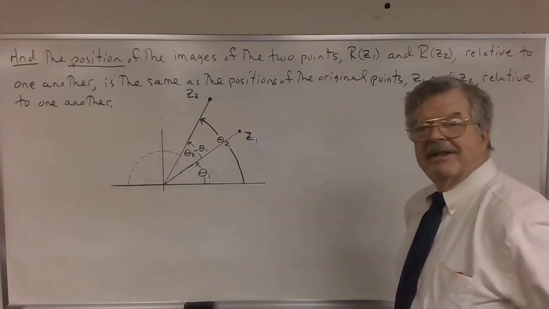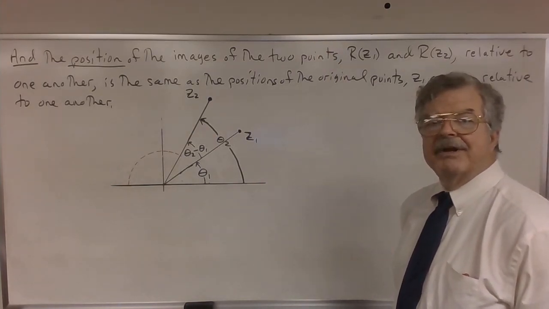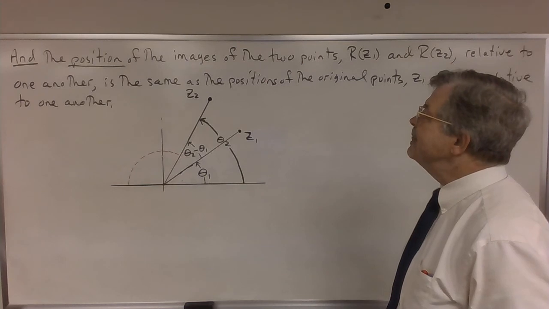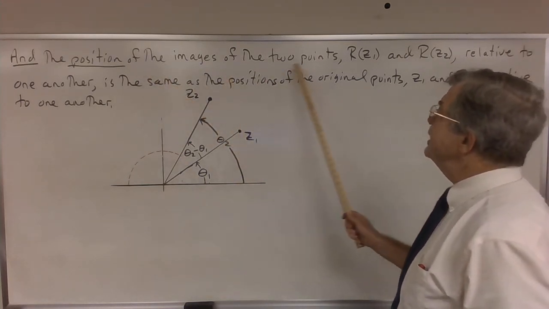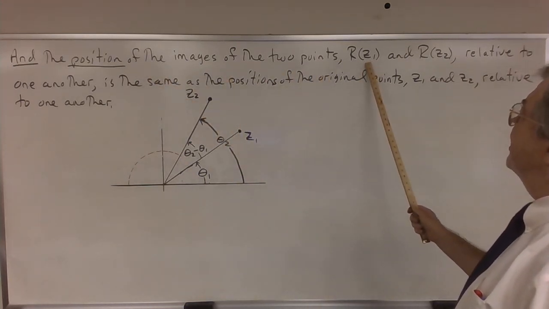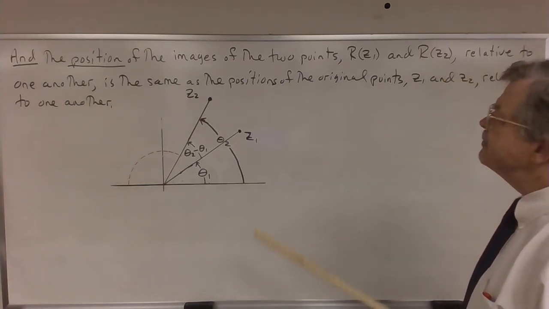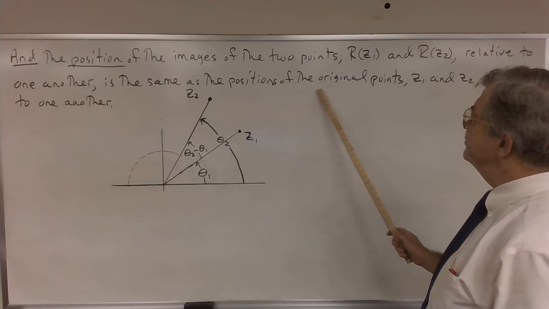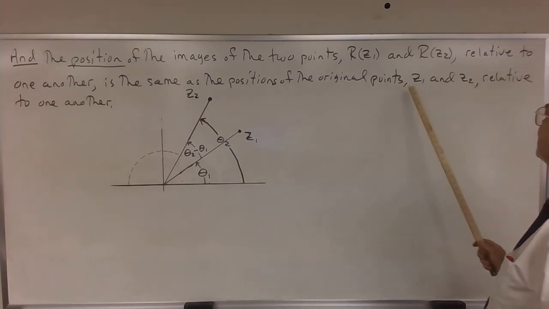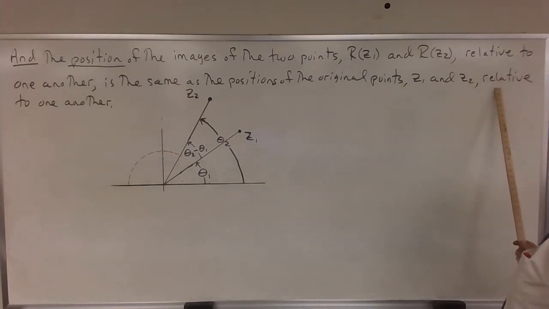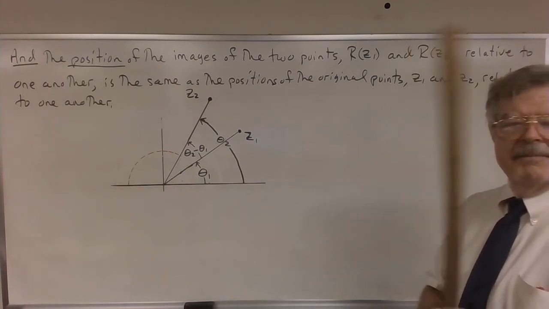Okay, more on the relative position of the 2 points under a rotation. The position of the images of the 2 points, r of z1 and r of z2, relative to one another, is the same as the positions of the original 2 points, z1 and z2, relative to one another.